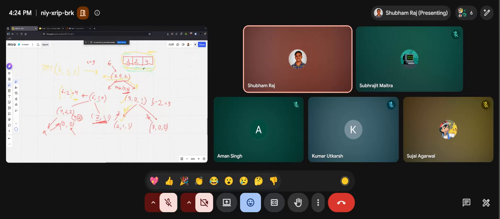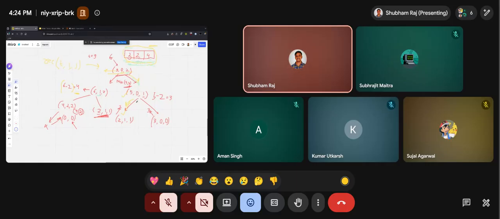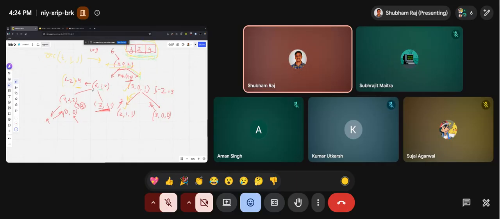And if we try to pick the last element, we need to decrement the j, so I decrement the j from 2 to 1. Right? So this is the first move, right?